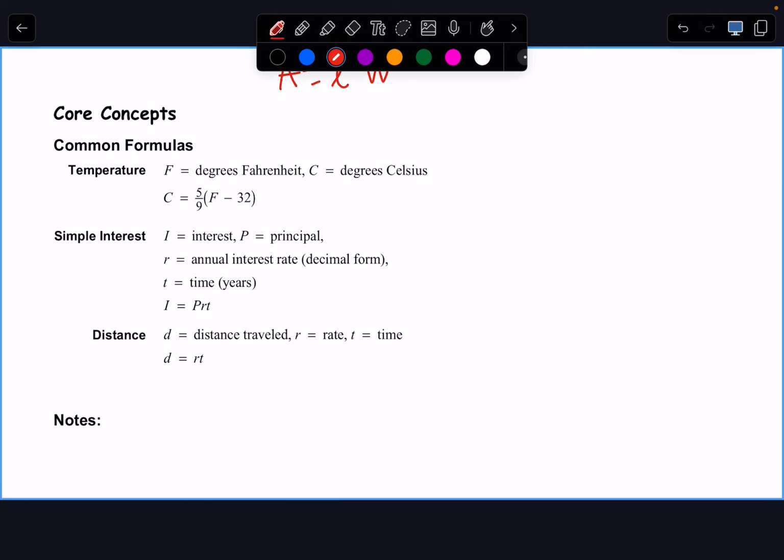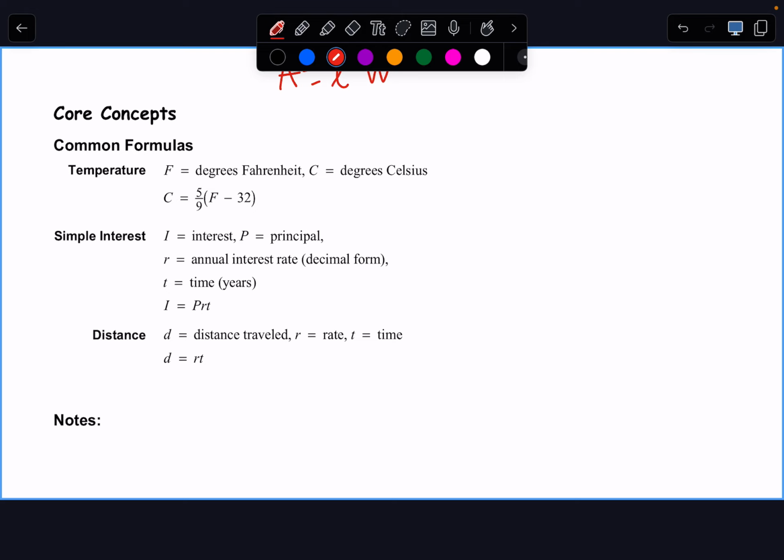Surprised nobody brought these up when I said what are some formulas that you know, right? Distance equals rate times time. You've talked about that in science class, right? Not in elementary school? No. Really? Man. Distance equals rate times time.